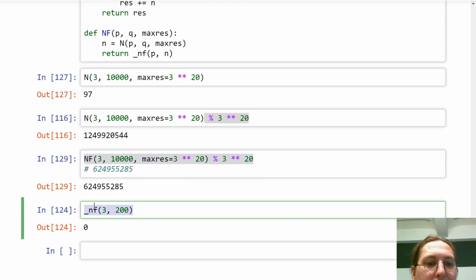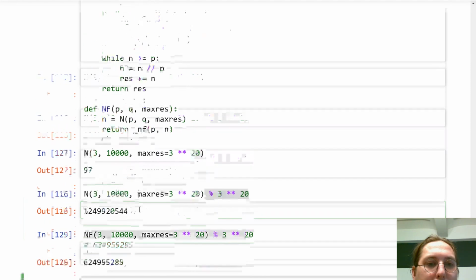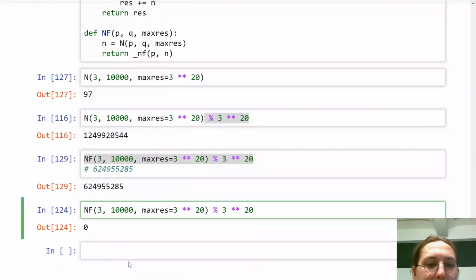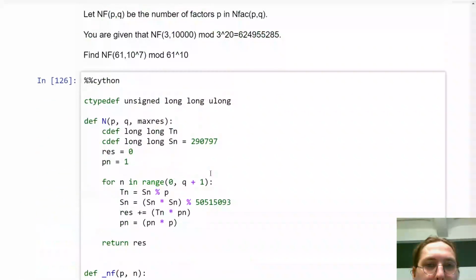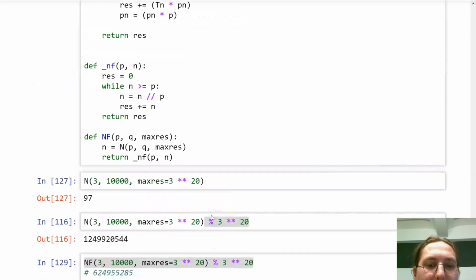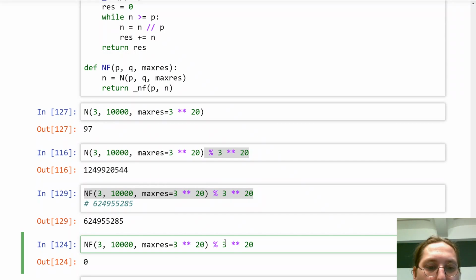Let us just do the following. So 61 mod 10. Should we include the mod in here?